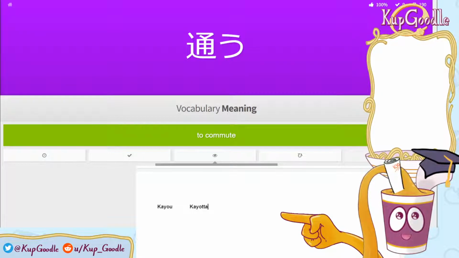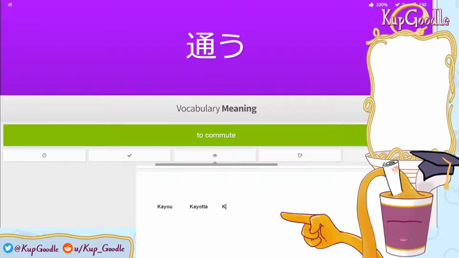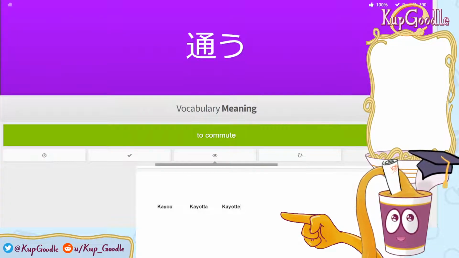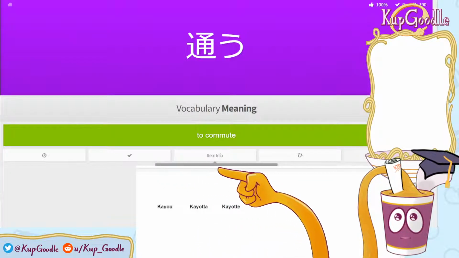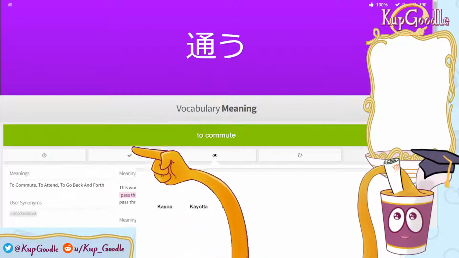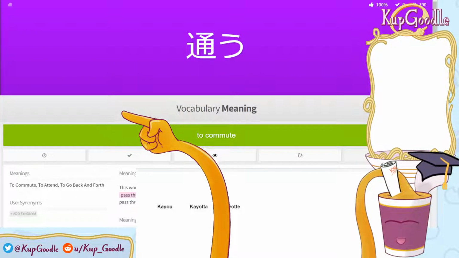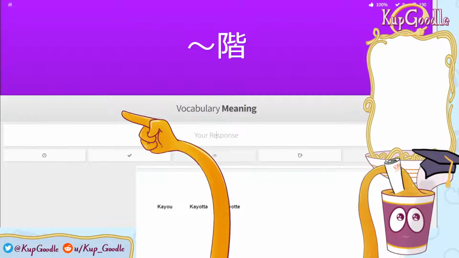The coyote really is commuting. And this would be kayotte. He is commuting. To commute, to attend, to go back and forth. I regularly attend this thing. I regularly commute to it.